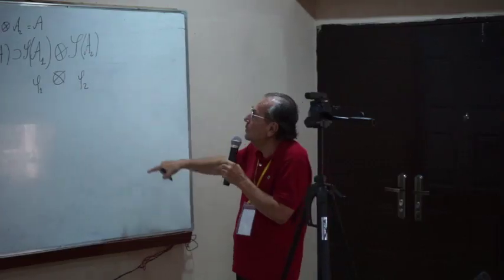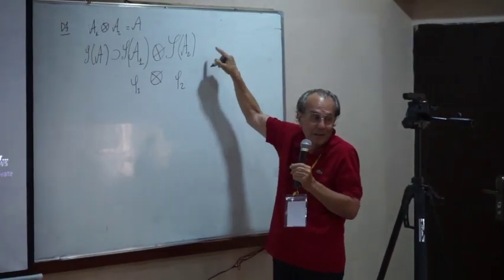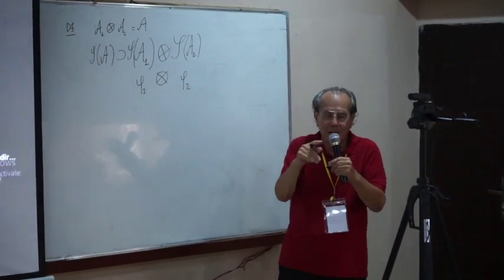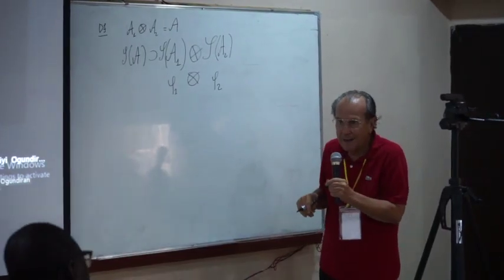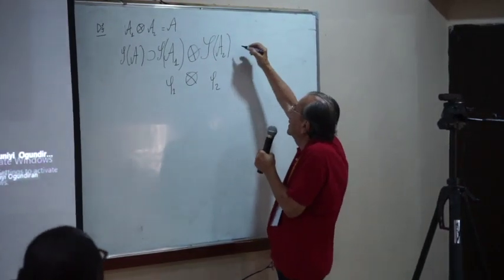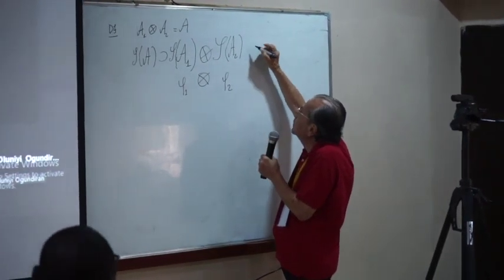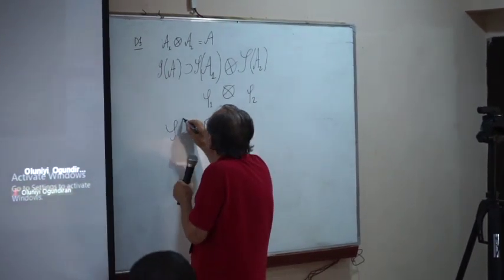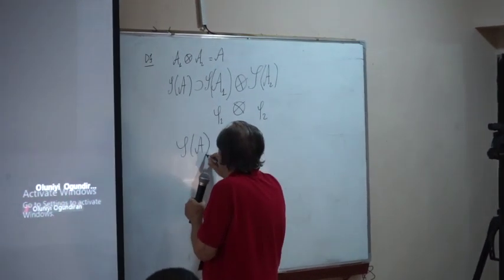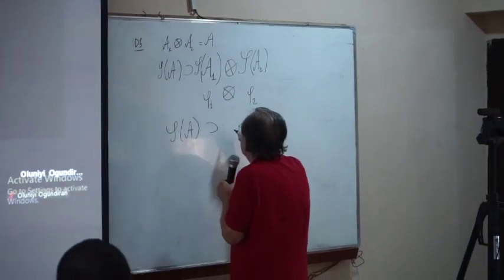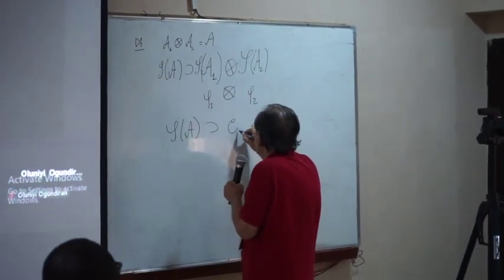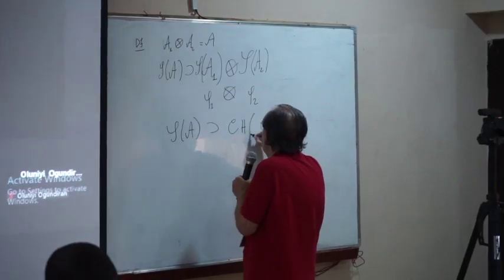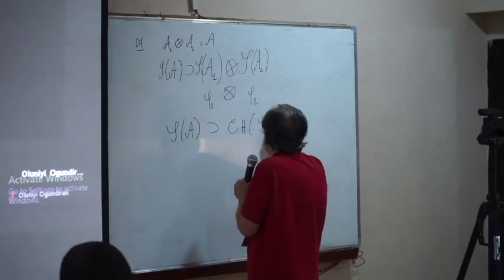Since the set of states is a convex set and contains these product states, it will contain the convex hull of the product states. So S of A contains the convex hull of the product states.